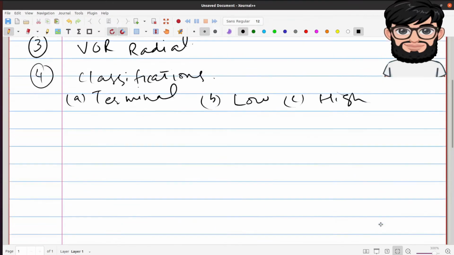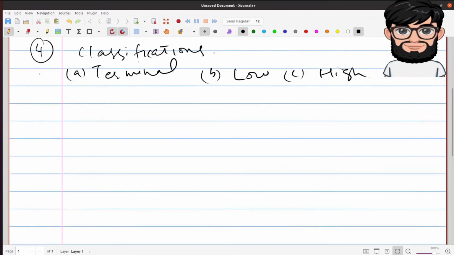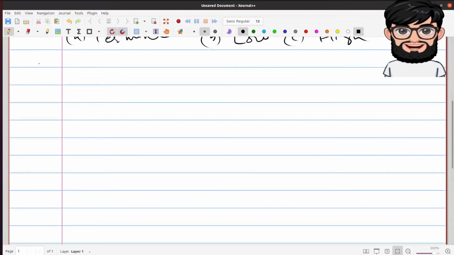These are the classifications of different VORs. Basically, they are different in terms of the distances. So I'm going to be talking about the reception distances. If the classification is T as in terminal, then L, then H has multiple ones.